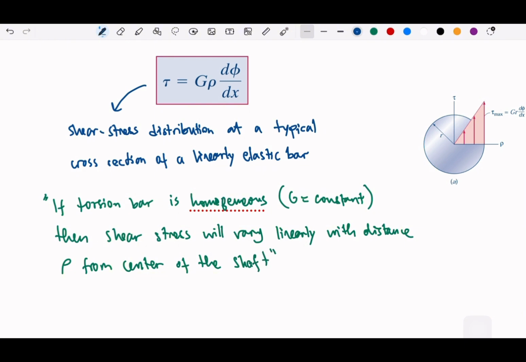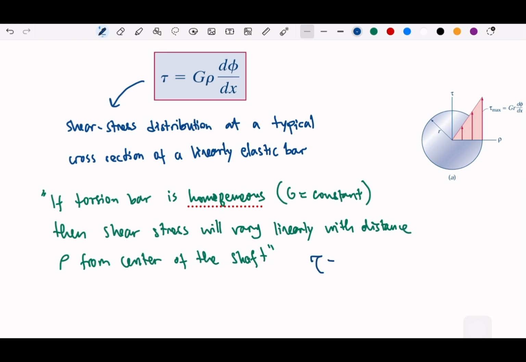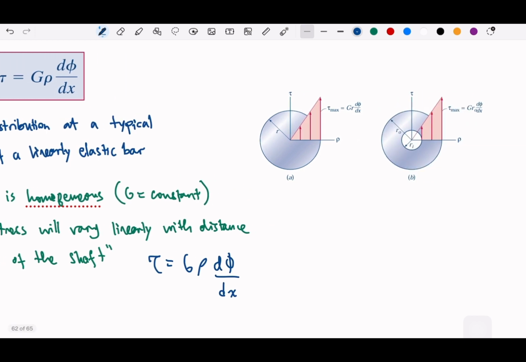That is basically what it says about this G, rho, and d psi dx, with the maximum shear on the outer surface, like here. Okay, the tau max is on the maximum radius.